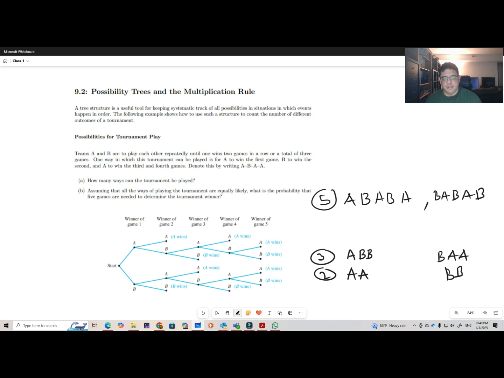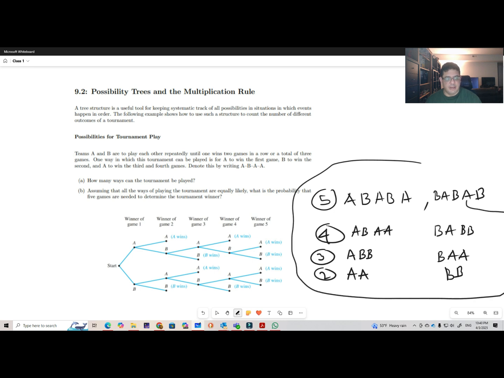That's for 3 games. For 4 games, you have the situation like we have here: first A wins, then B, then A, then A, or the opposite, B, A, B, B. So we have a total of 8 ways for this entire tournament to be played.